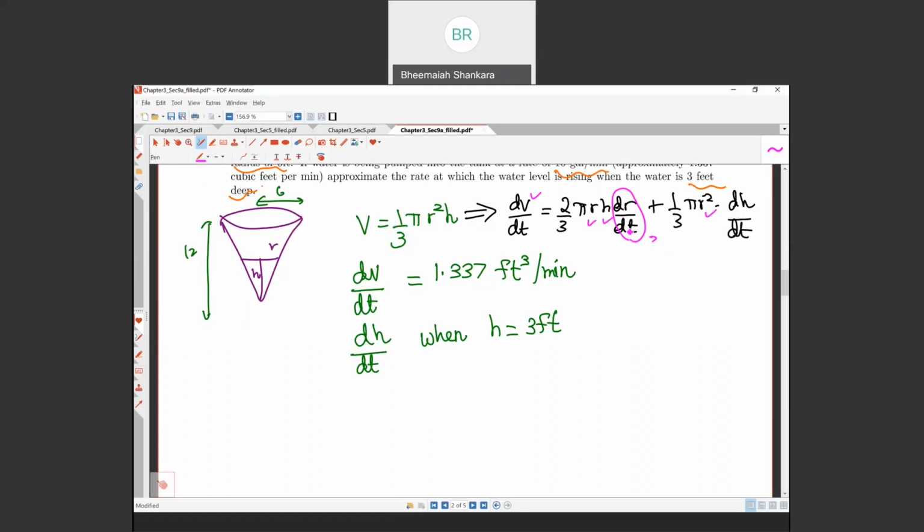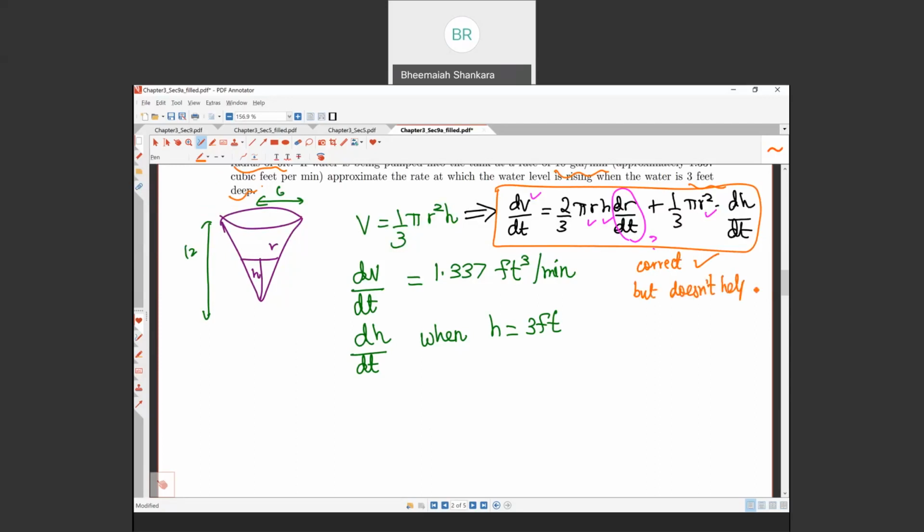So without any information on dr over dt, we will not be able to find dh over dt using this particular implicit differentiation expression. So I would say for this particular problem, differentiating the volume formula is not going to help. So we'll say that this is correct, but this will not help us to finish this problem.